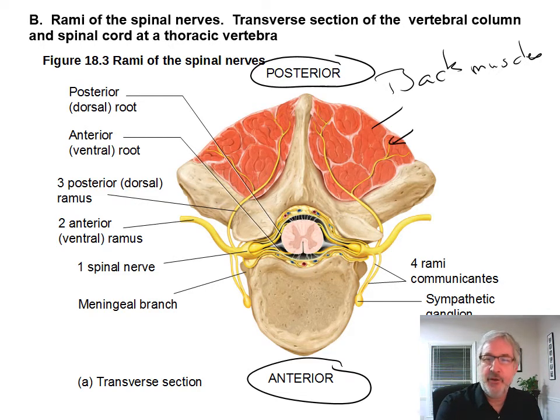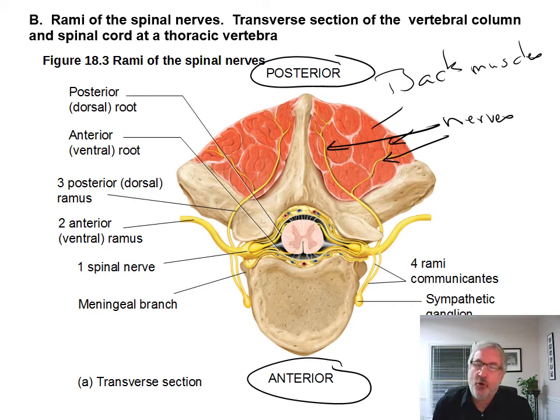These are nerves that are coming back and innervating those muscles in your back. So those are on the posterior or dorsal side, and you see that this is a branch from here.